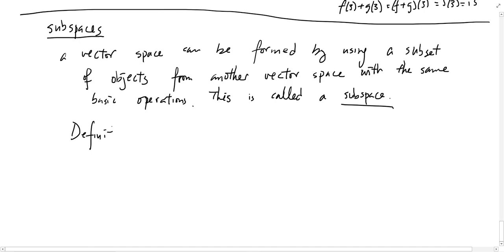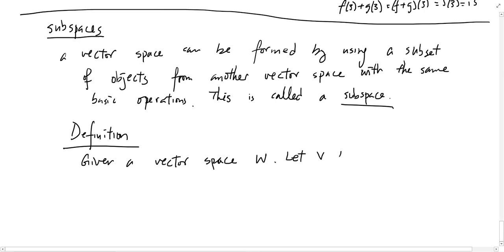Definition. Given a vector space W, let V be a subset of W. Then V is a subspace, or properly you should call it a sub-vector space, but nobody calls that.